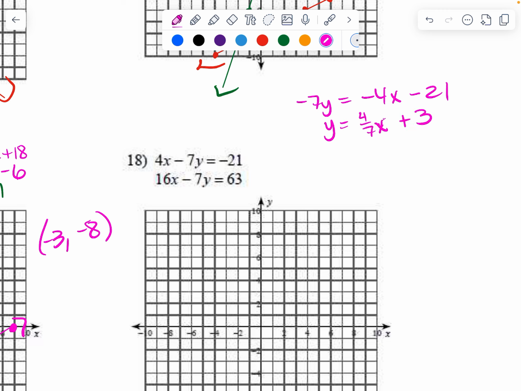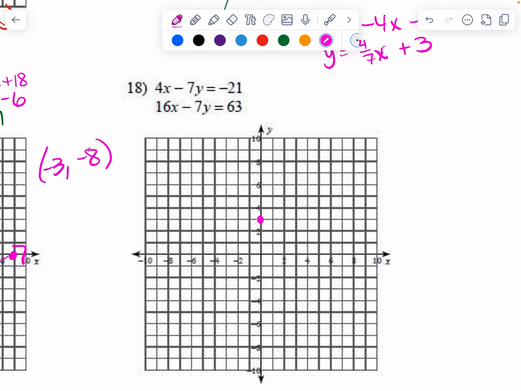So I go to 3 and plot a point. I go up 4, so 1, 2, 3, 4, and over to 7. Or down 1, 2, 3, 4, and over to -7.